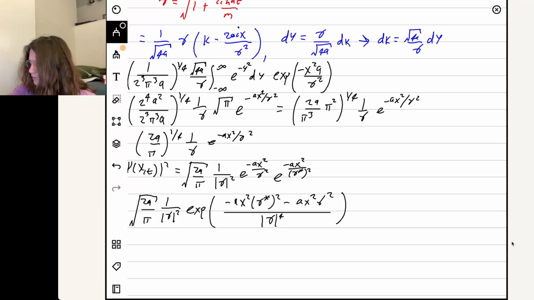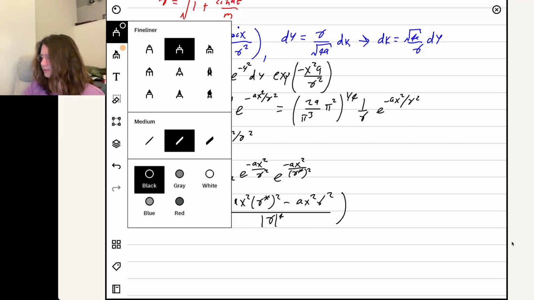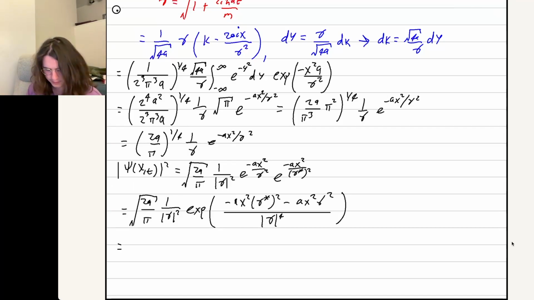So Griffiths actually gives us another definition that he wants us to put this equation into. He's pretty much saying that there's a w that can be thought of as the square root of a over the square modulus of gamma.